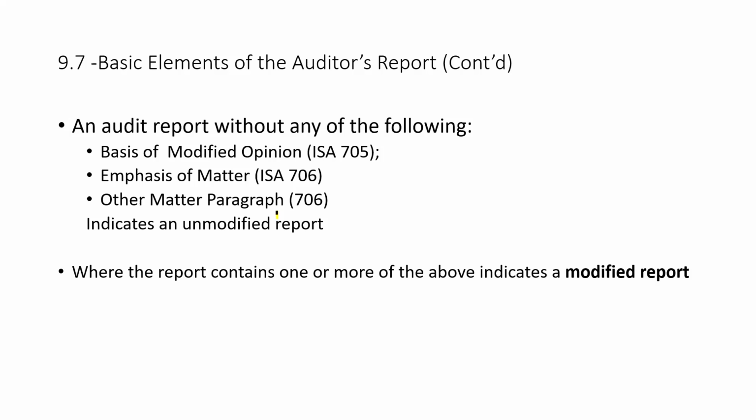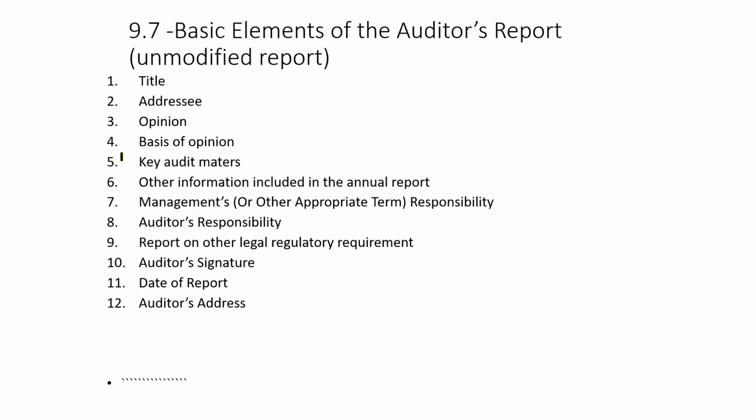So any report without a basis of modified opinion paragraph, without an emphasis of matter paragraph, or without an other matter paragraph indicates that that report is an unmodified audit report. You realize that in this format, we don't have anything like basis of modified opinion. We rather have basis of opinion, which is telling you that in a modified audit report, it wouldn't be basis of opinion.